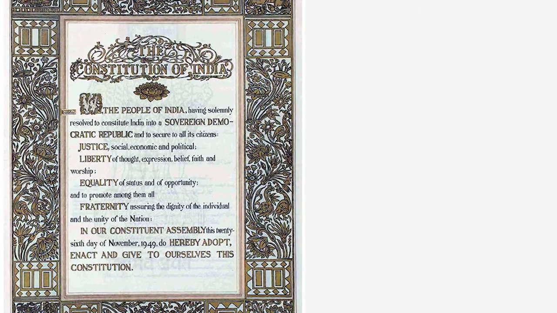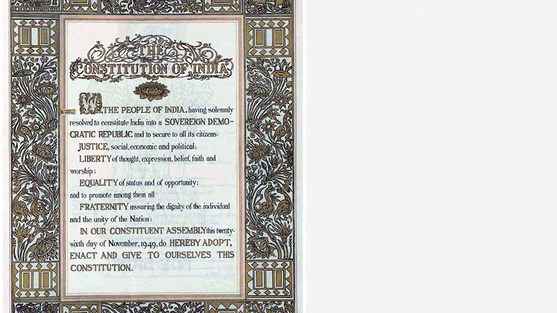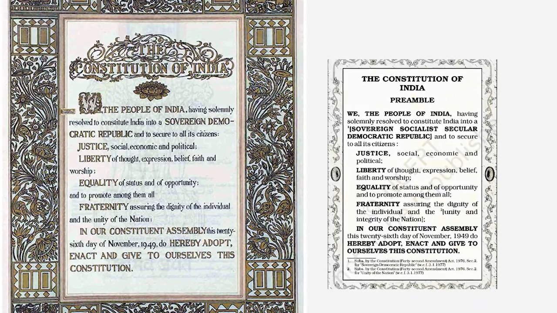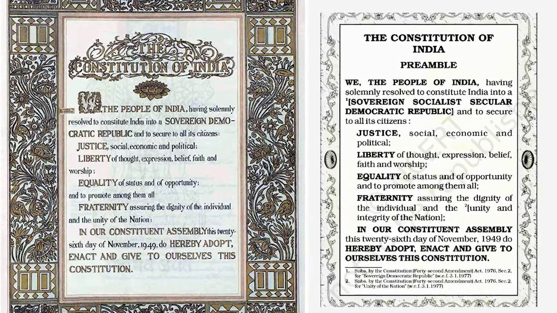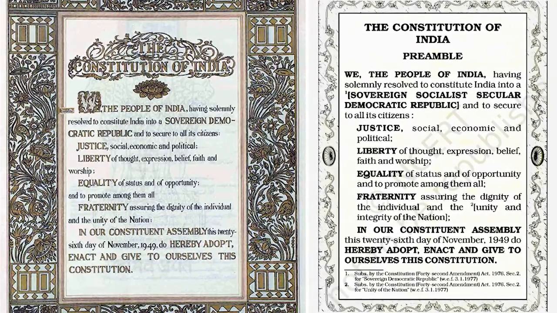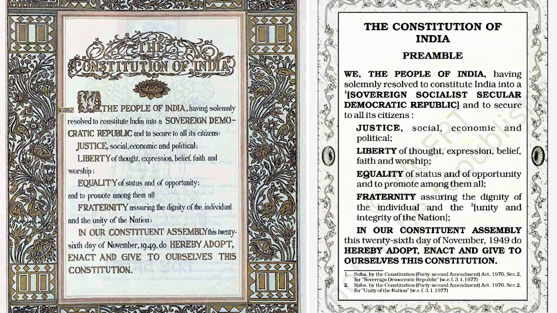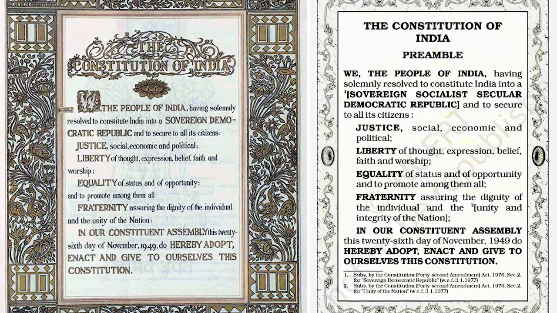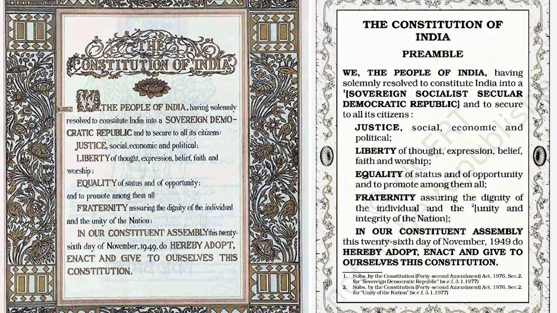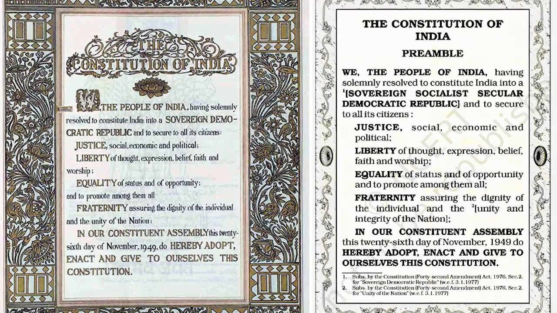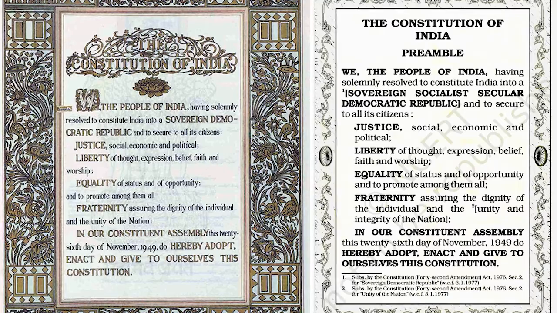These words were incorporated in the preamble of the Constitution after the 42nd Amendment Act 1976. This act replaced the words Sovereign Democratic Republic with Sovereign Socialist Secular Democratic Republic. It also changed Unity of the Nation to Unity and Integrity of the Nation. This amendment portrays the flexible nature of the Indian Constitution.